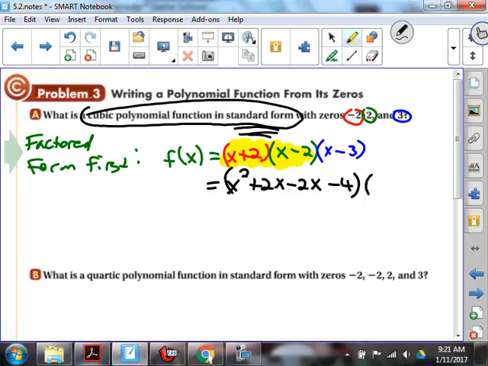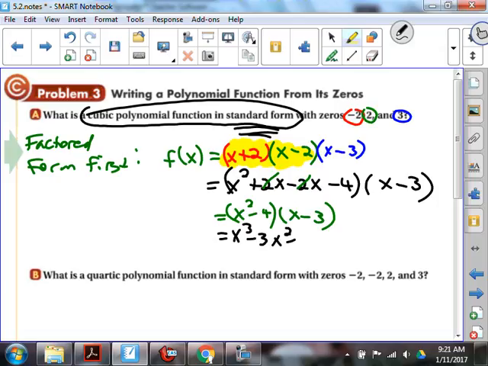That still needs to be multiplied by x minus 3. Canceling happens. We get x squared minus 4 times x minus 3. Now we can use the method approved by our social studies teacher. X cubed minus 3x squared minus 4x plus 12. Got him.